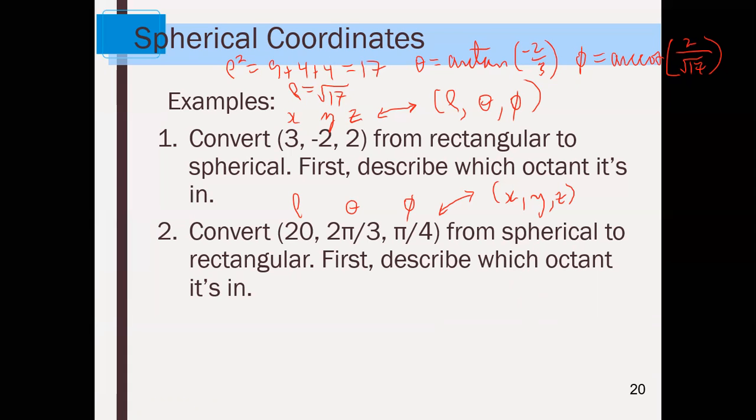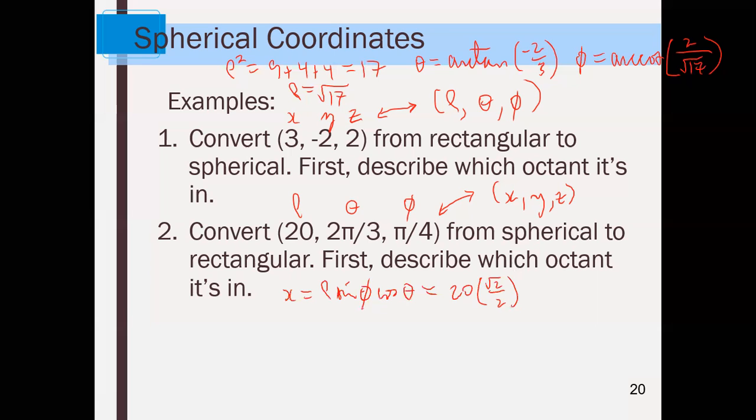Okay, so what's x going to be? It's going to be rho sine phi cosine of theta. So everything gets involved here. It's going to be 20 sine of phi. What's the sine of pi over 4? Radical 2 over 2. Okay, that's good.